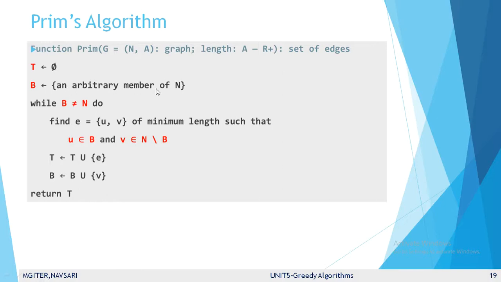B is an arbitrary member of node set N. While B is not equal to N, we find u comma v, where u and v are vertices with an edge e of minimum length, such that u belongs to B, where B is any arbitrary member of node set N, and v belongs to N minus B. So T is a collection of edges and B is a collection of vertices. Then return T. The complexity of Prim's algorithm is theta of n square.